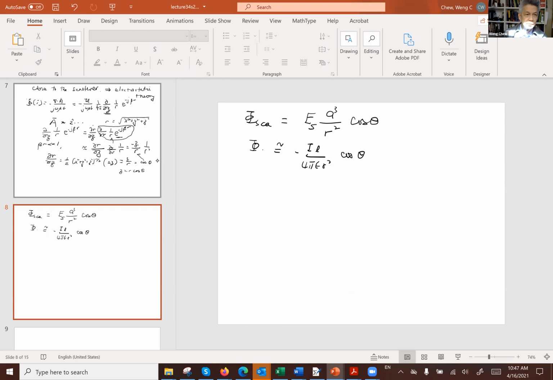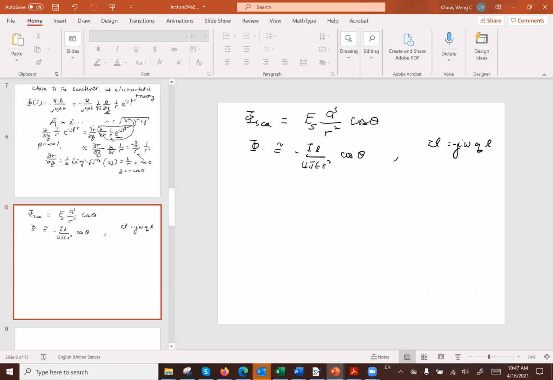I have to divide by this j omega in the numerator. If I divide by j omega in the numerator, I notice that this should be j omega QL. Okay, and if I plug that in, there should be a j omega here in the numerator.